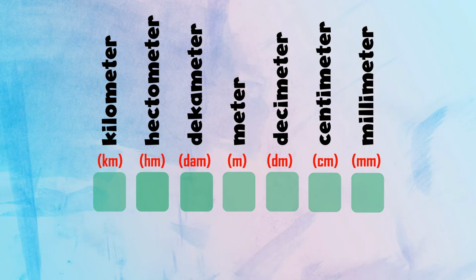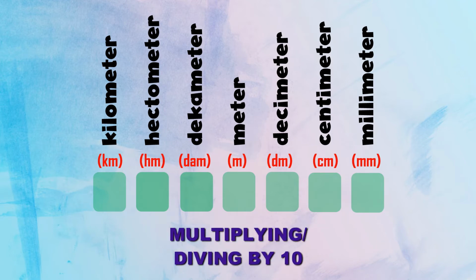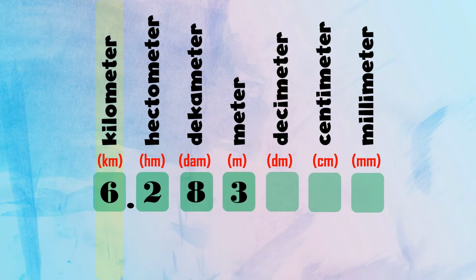So therefore, with the use of this diagram, you can convert between them by just moving the decimal point one place at a time. It is equivalent to either multiplying or dividing by 10, depending on which unit you convert. Example, 6.283 kilometers is 62.83 in hectometers, and 628.3 in decameters, and 6,283 in meters, and 62,830 in decimeters, and so on.